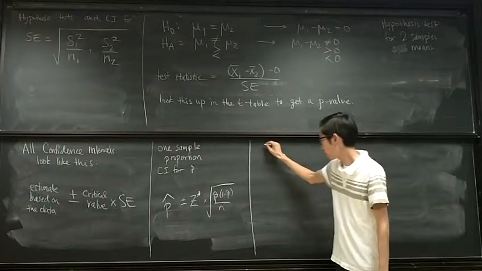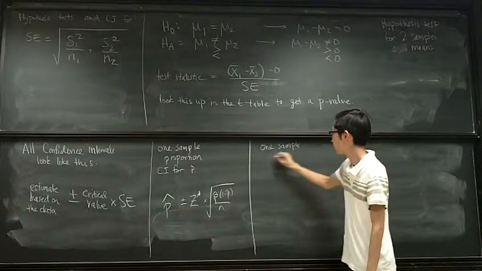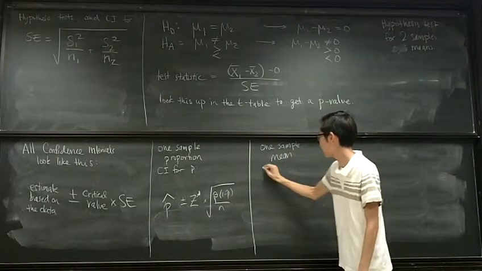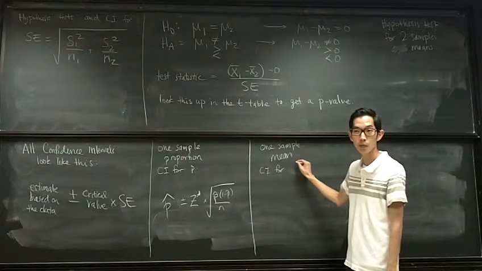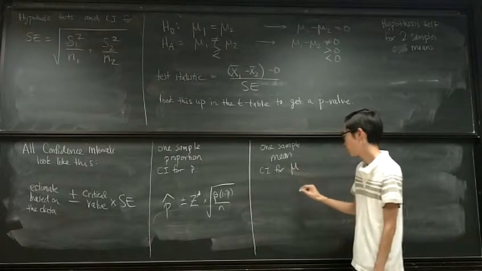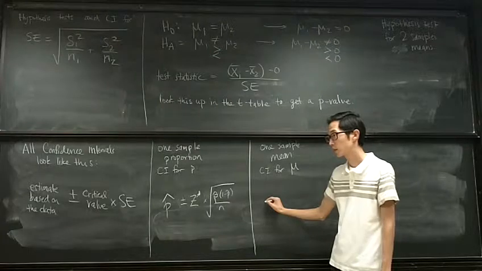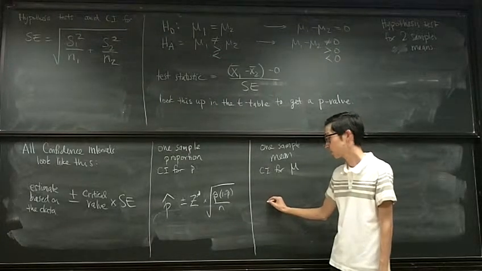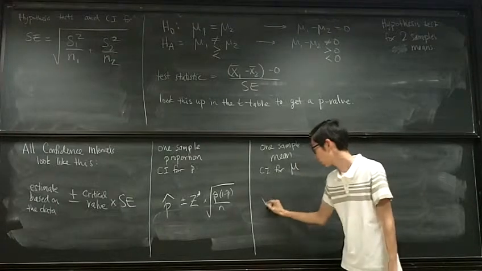We made a confidence interval for one sample, but it was a mean, okay? So this was a confidence interval for what? Not X bar, mu, okay? What's the estimate based on the data? So if we're trying to estimate what mu is, what do we use from our data?